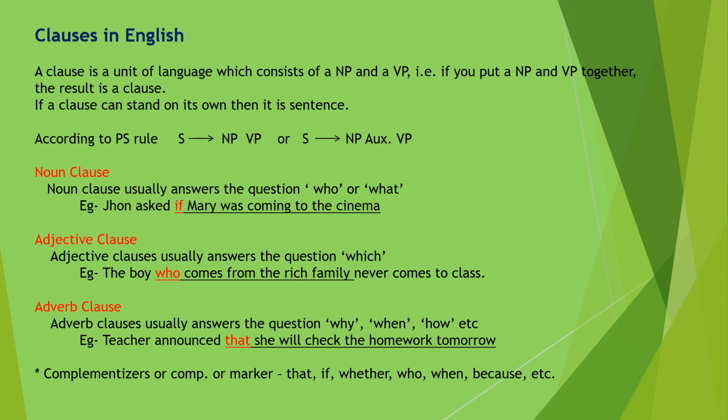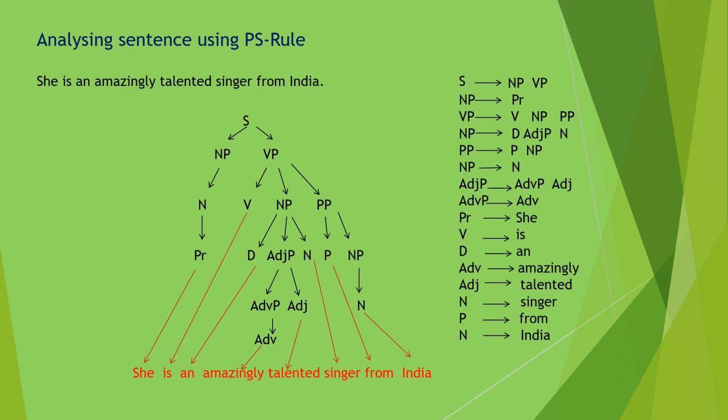Now as we know all the phrases and all the clauses, we can move ahead to identifying these in a sentence. We have come to the final slide. In this, we'll analyze a sentence using the tree diagram, and we'll represent the sentence using the phrase structure rule.